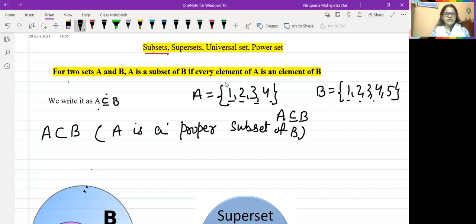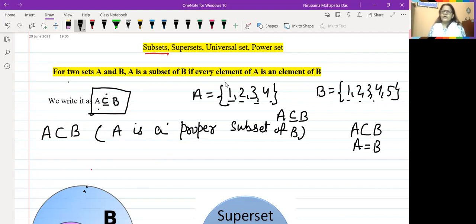But when we say A is a subset of B, every element of A is an element of B, and A may be equal to B also.